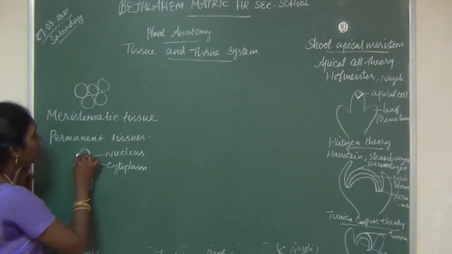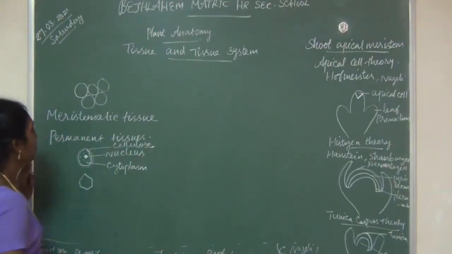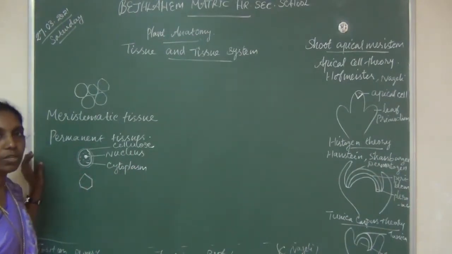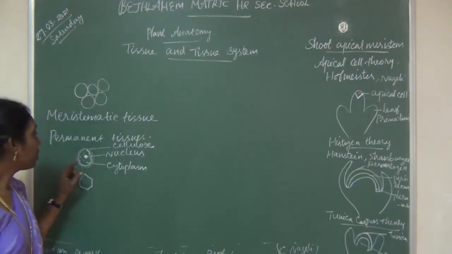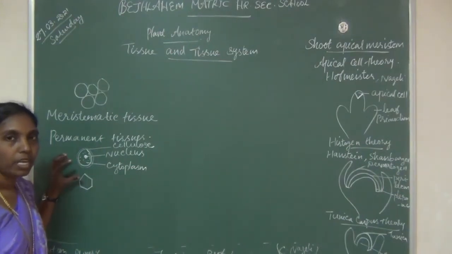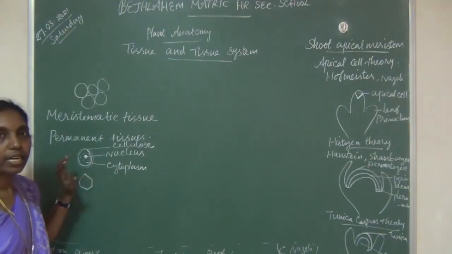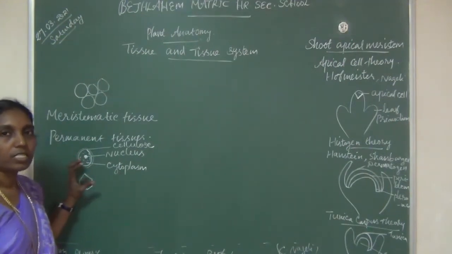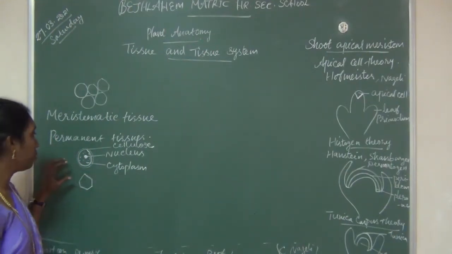The cell wall is made up of cellulose, which is elastic, and the cells are isodiametric cells. The cells of meristematic tissues are isodiametric, with a prominent nucleus and dense cytoplasm. The cell wall is made up of cellulose. That's a characteristic feature of meristematic cells, and it is self-perpetuating. The cells are dividing cells which have the ability to continue themselves, self-perpetuating.